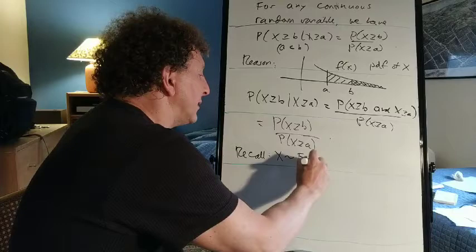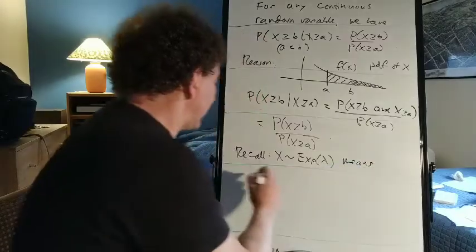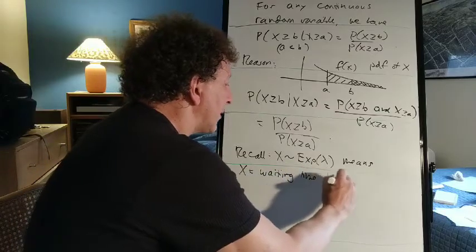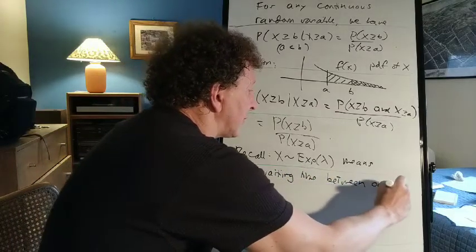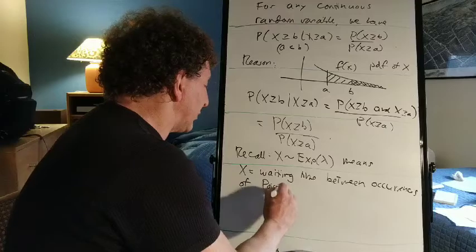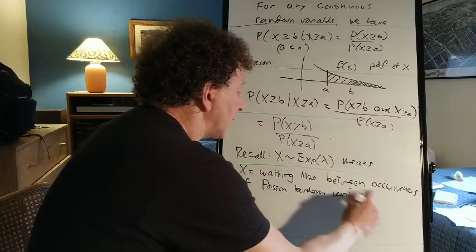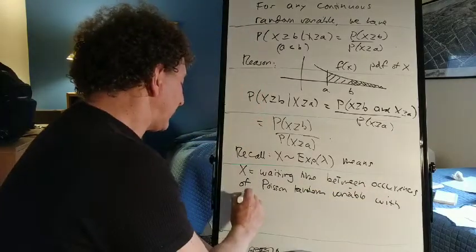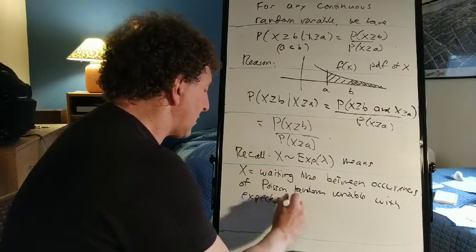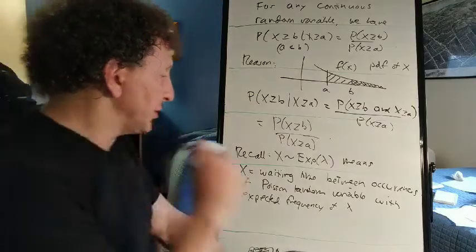So x distributed as an exponential random variable with parameter lambda means that x is the waiting time between occurrences of a Poisson random variable with expected frequency of lambda occurrences per unit time.